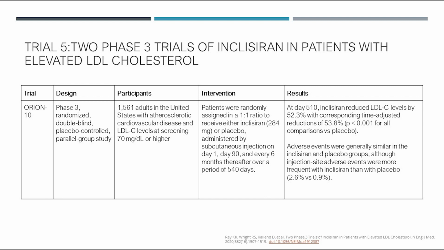This approach to administration does reflect the current administration approved by the FDA. On day 510, Inclisiran reduced LDL levels by 52.3% with corresponding time-adjusted reductions of 53.8%. That was statistically significant for all comparisons versus placebo.